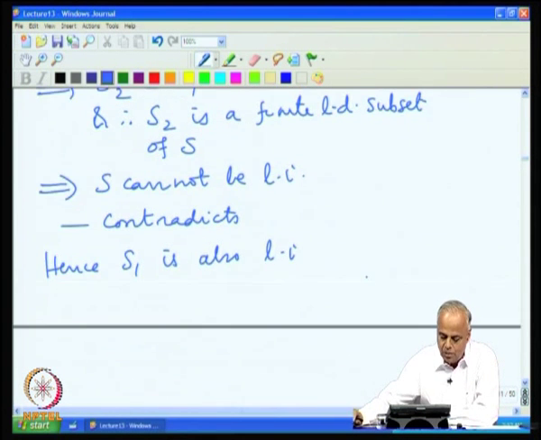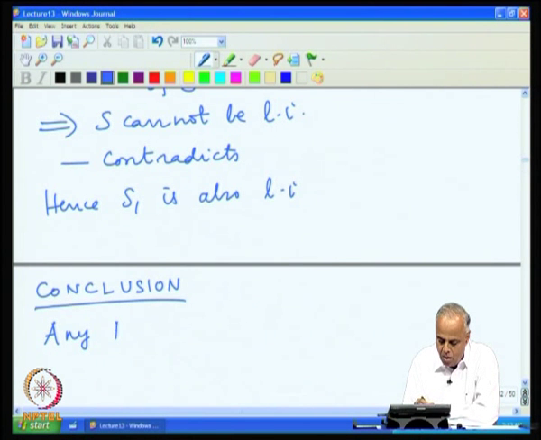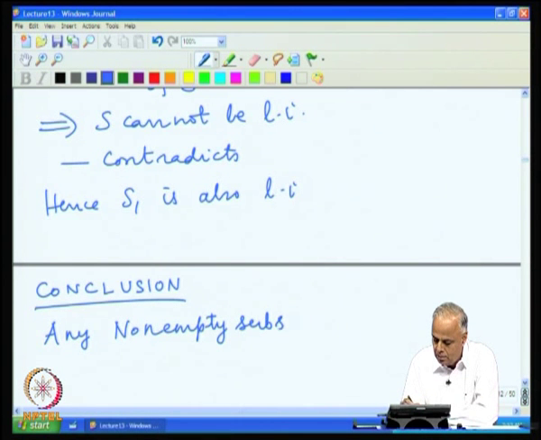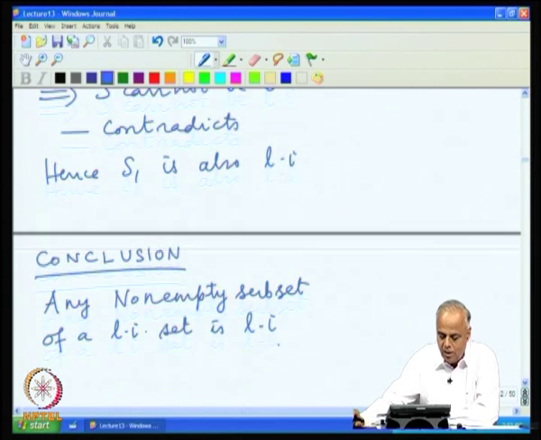So, what is the conclusion? The first important property of linearly independent sets is: any non-empty subset of a linearly independent set is linearly independent. Subsets of linearly independent sets are linearly independent.